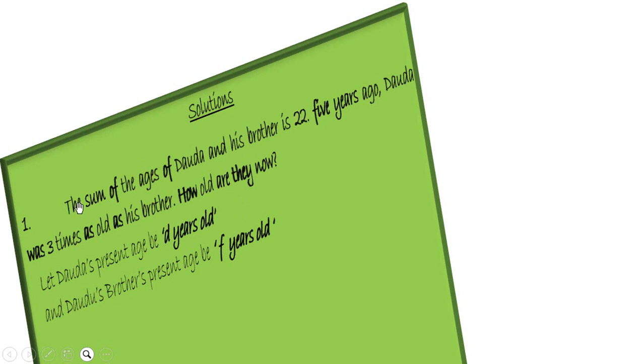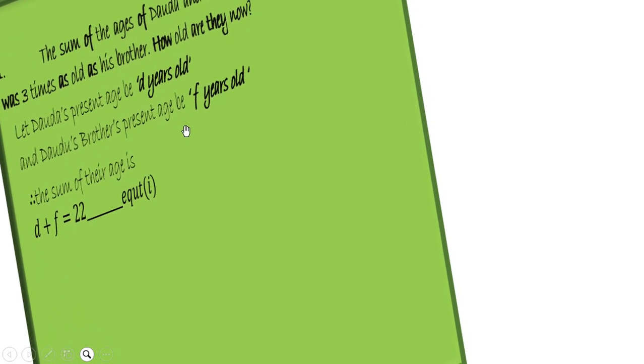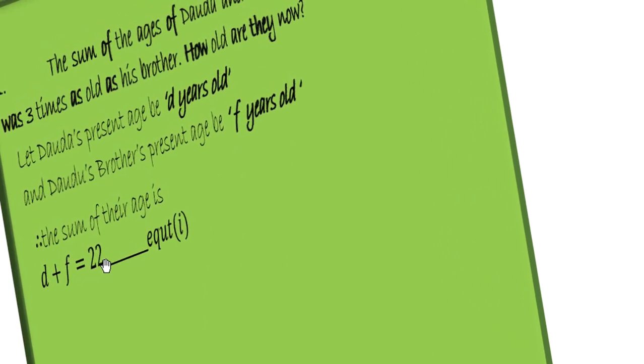That's what this first statement is saying. So the sum of their ages is D plus F equals 22. I believe that is understood.